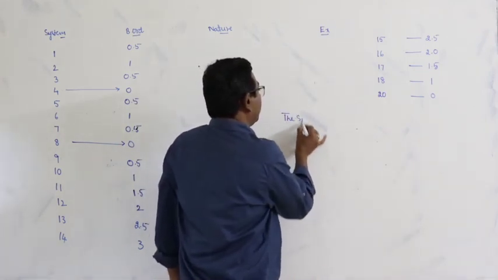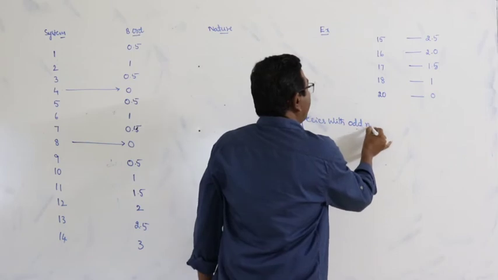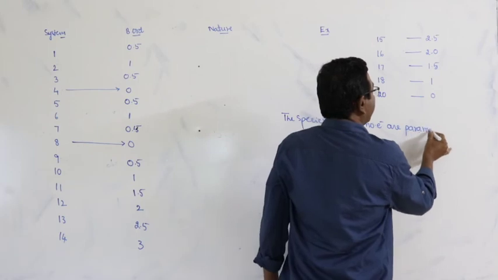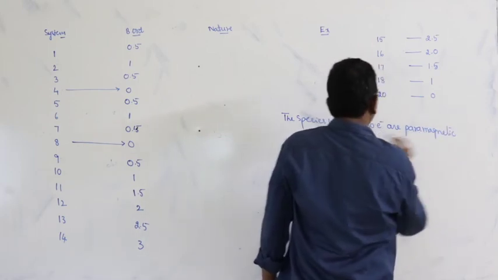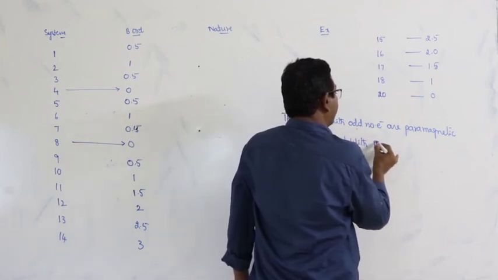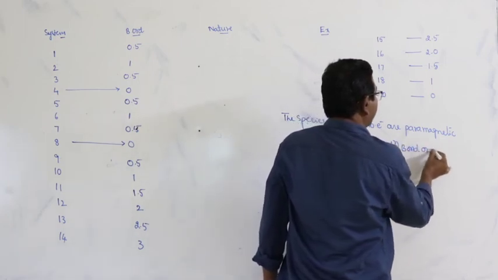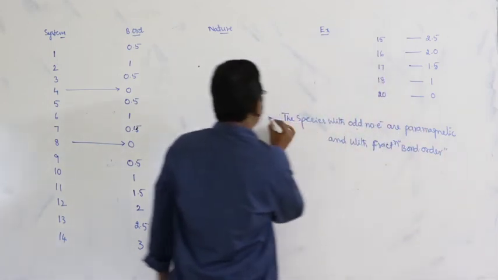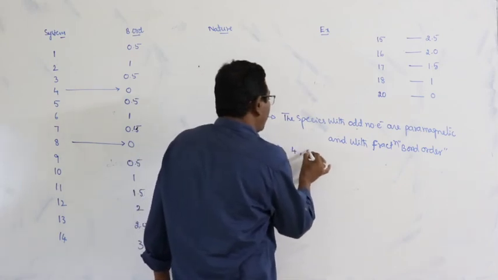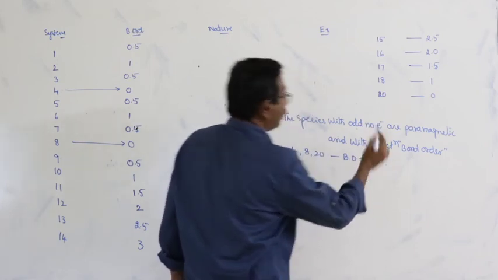The species with an odd number of electrons are mostly paramagnetic, with fractional bond order, and for the species with 4, 8 and 20 electrons, the bond order is equal to 0.